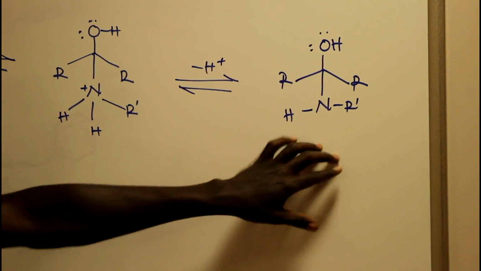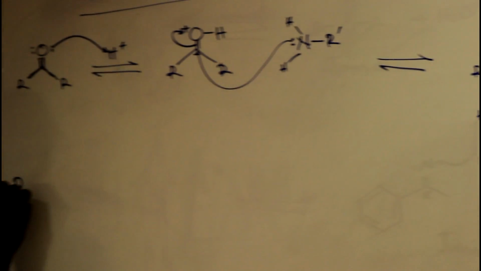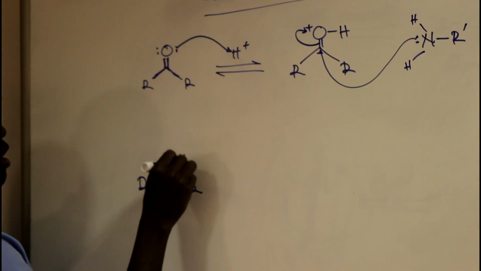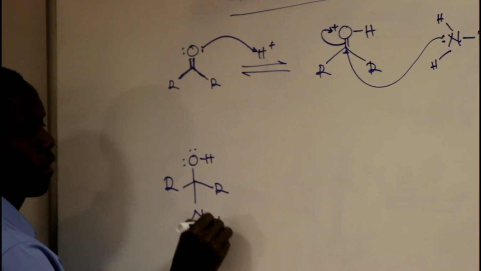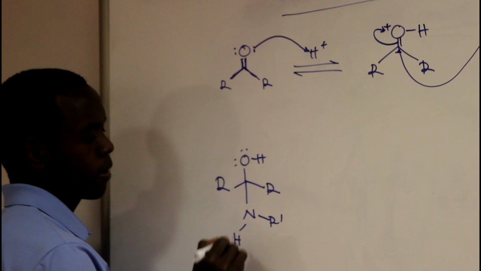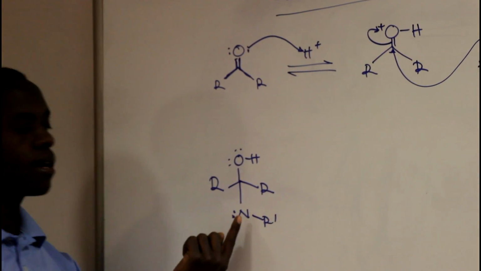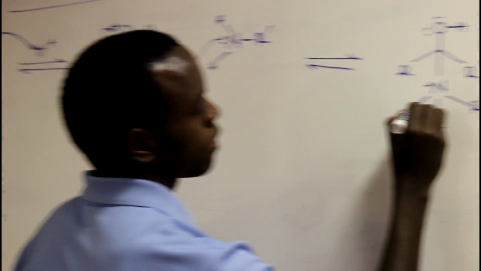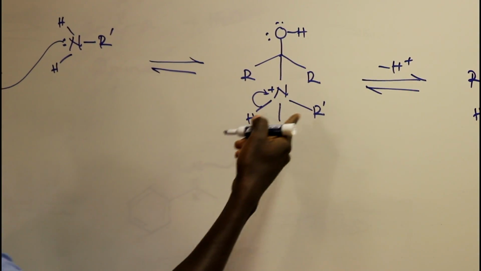So basically we have R, R, OH, nitrogen, R prime, and then H. But remember, we now have lone pairs on the nitrogen, because the hydrogen that was lost gave the 2 electrons in the bond back to nitrogen to make it a neutral species.